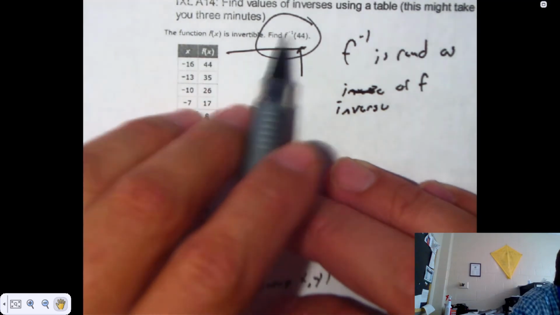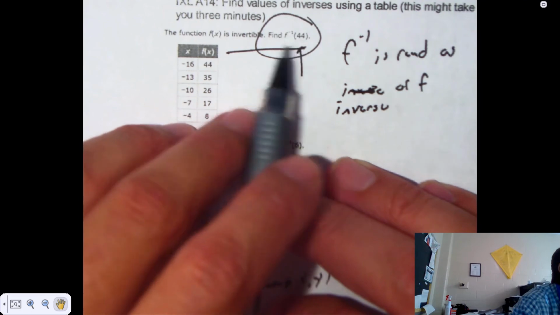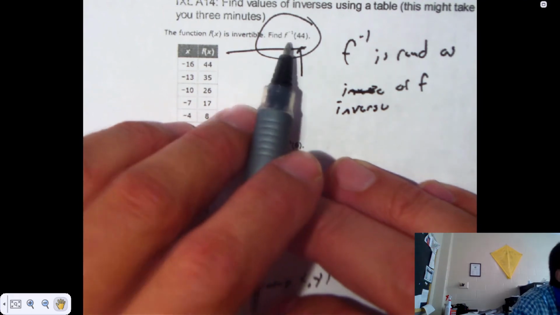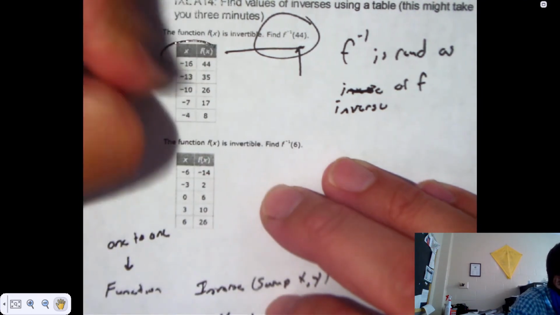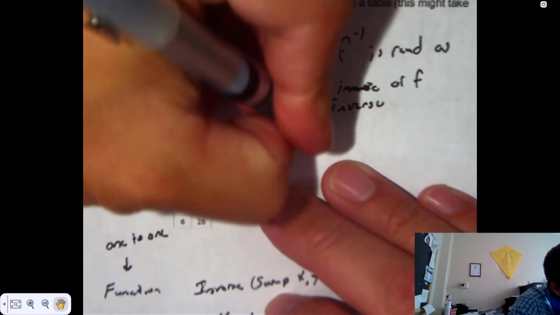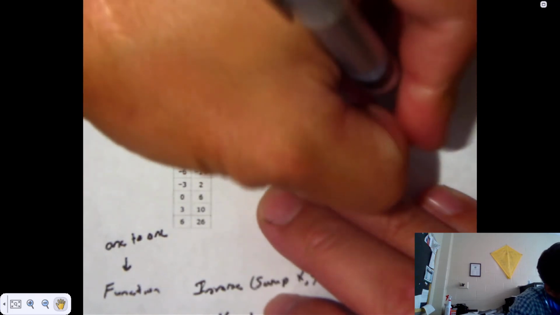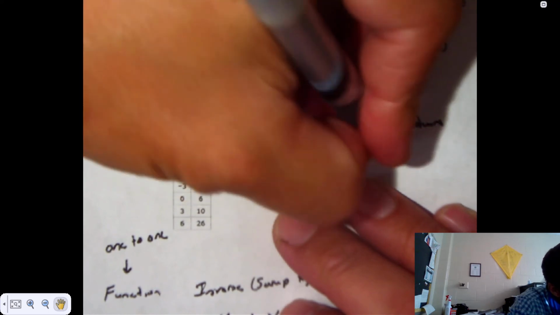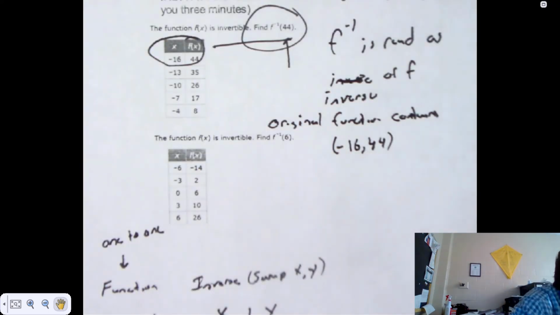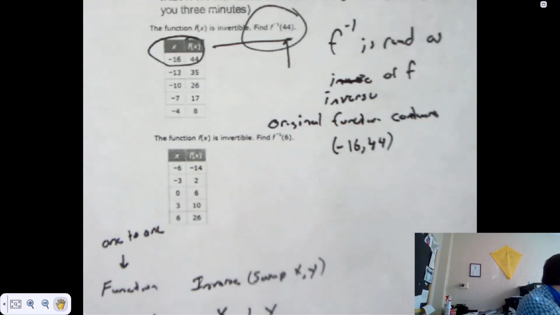find the inverse for 44. All right, find the inverse for 44. Now, what I do is, this is the original function. It contains negative 16, 44. That's its ordered pair there, right? I saw 44, I looked for 44.